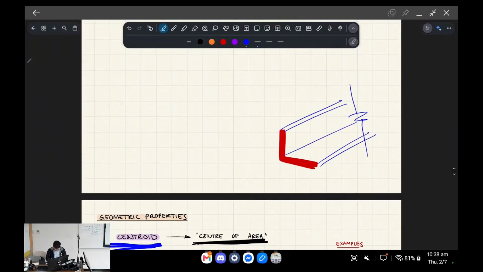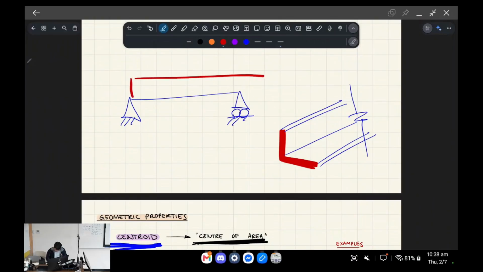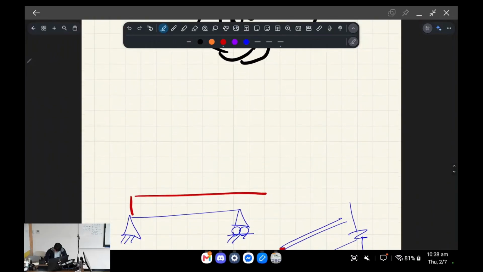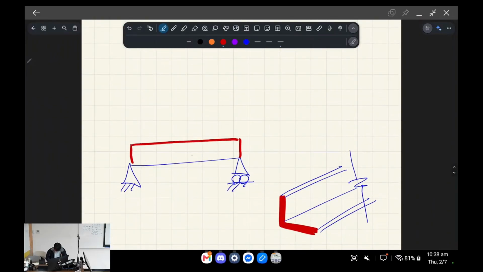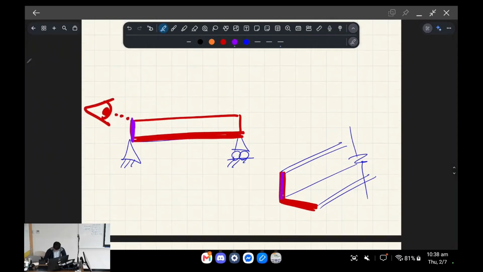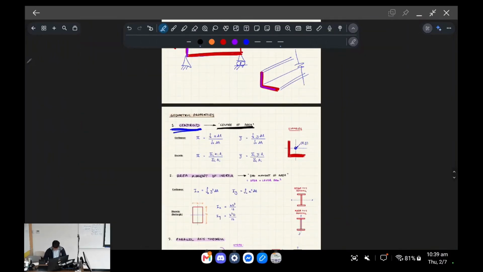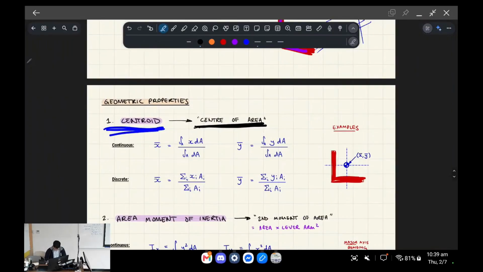What we're actually drawing is this L-shaped beam like so, and we might be looking at it from over here or something like that. We're essentially concerned about this cross-section, this here. Does that make sense? That determines its bending stiffness and other properties.